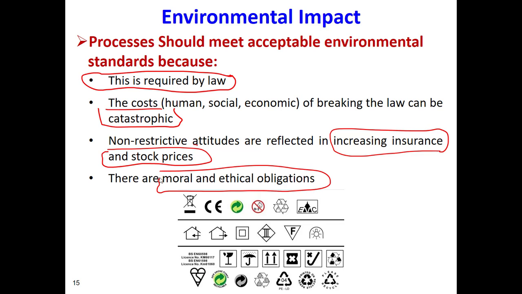We all feel some responsibility for our future generations, so we have to respect our environment. We shouldn't damage it, because this environment should be used by the next generation, right? So those are the important points about the environmental impacts of the process and some considerations.